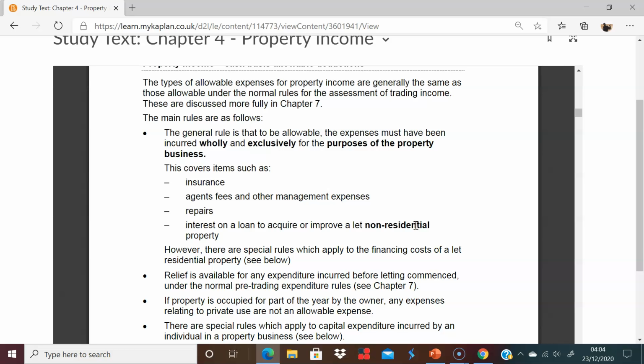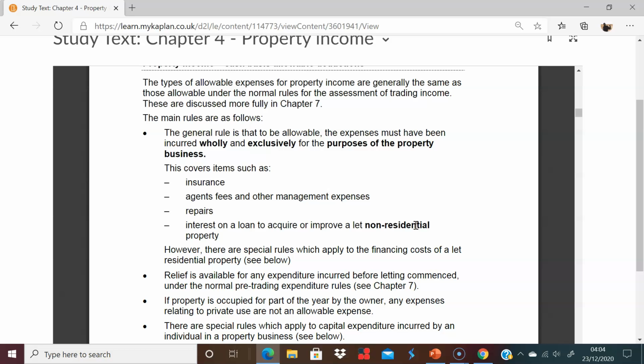But I'm sure you've seen in practice how individuals will try and put in work that is not to do with the business, but maybe work in their own homes, and try and slip in those invoices with work they're doing on their flats, so that they can put those through as allowable expenses. Their own homes are completely different. There's no way you can have that allowable or deductible, but they'll put those invoices together. I've seen that before.